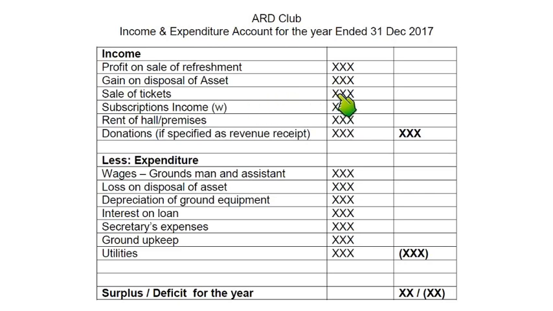If the final figure is negative, it is an expense and will be shown as loss from concert, and if there is a profit from a concert or match, it will be shown as an income. Now why are we netting it, and why can't we show this income as sales separately and expenses separately? We can also do that, but there is a problem, and the examiner does not like this approach. Why?